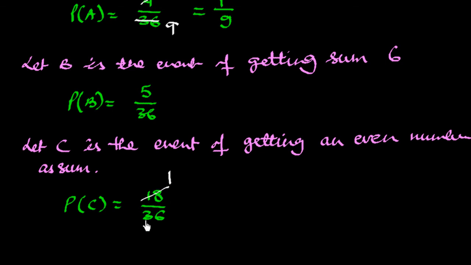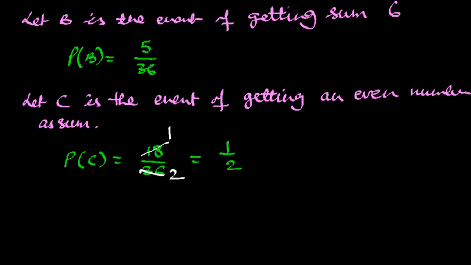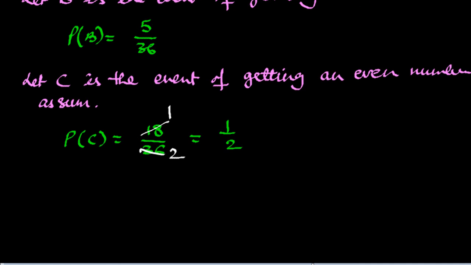It means 18 once, 18 twice, we are getting the probability 1 over 2, which is 50% of the total outcomes. So in this way we could get the probability of even numbers as a sum in throwing 2 dice. We have some other sorts of problems relating to these dice.